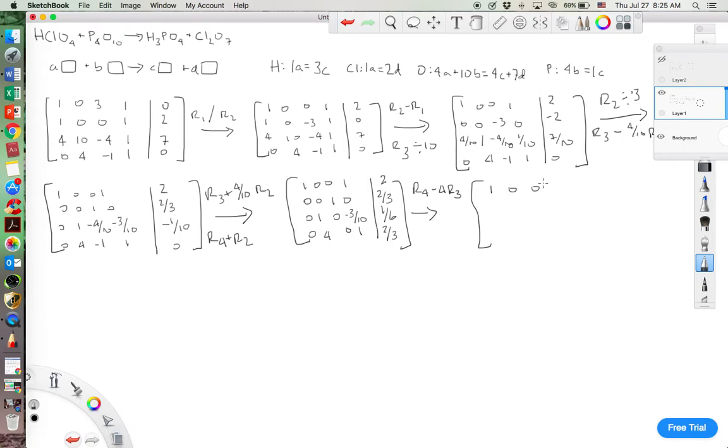We have 1, 0, 0, 1, 0, 0, 1, 0, 0, 1, 0, negative 3/10, and finally 0, 0, 0, and we get 22/10.